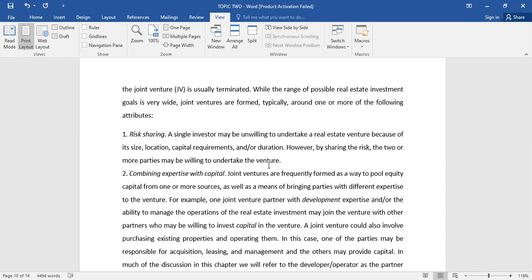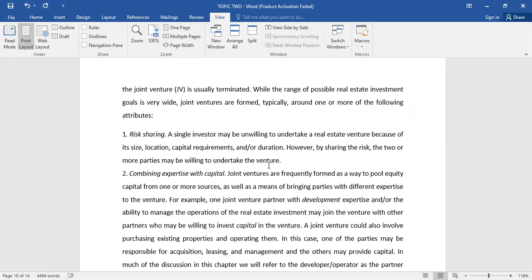They are formed for a duration of time that is well stipulated in the JV agreement, and once the time has elapsed and the objective is met, they can freely leave and go back to their original or normal operations.